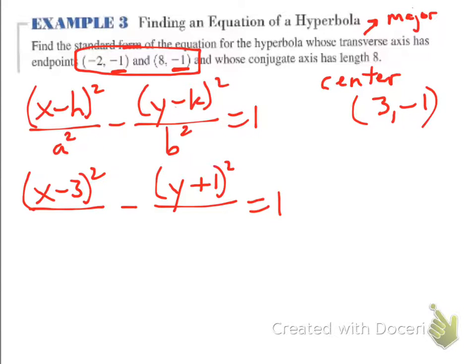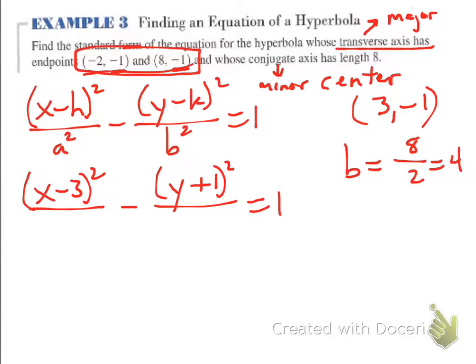Now, remember, conjugate means the minor axis. So the bigger number is going to be under the x because the transverse axis has those endpoints. The conjugate axis means that the smaller number is going to be under y. So b equals 8, its length, divided by 2.